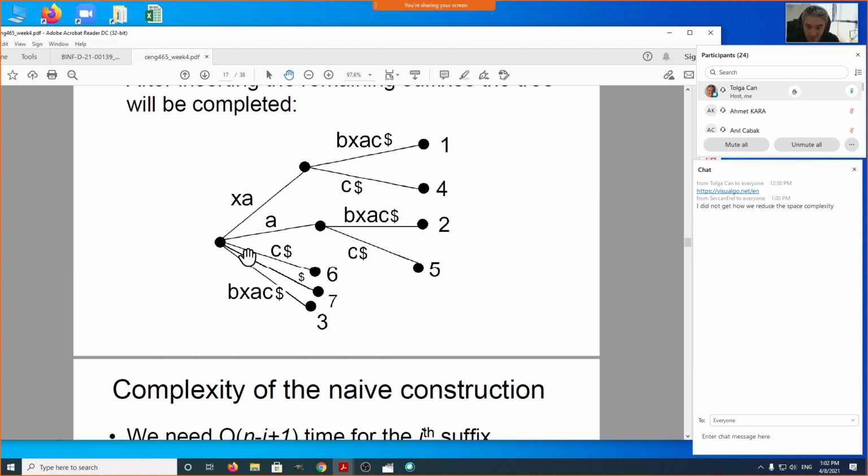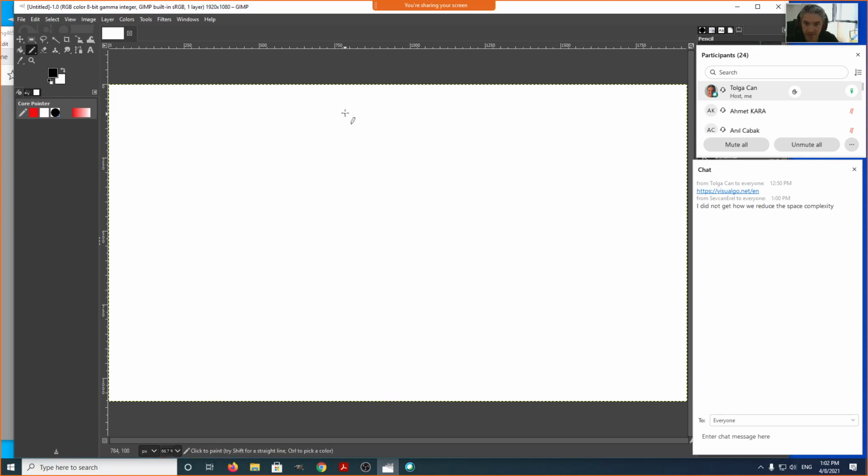But if you look at the number of edges on the tree, forget about the edge labels. If you just take a look at the number of edges in the tree, if this was a binary tree, or for example, make it a ternary tree where the branching factor is at most 4.